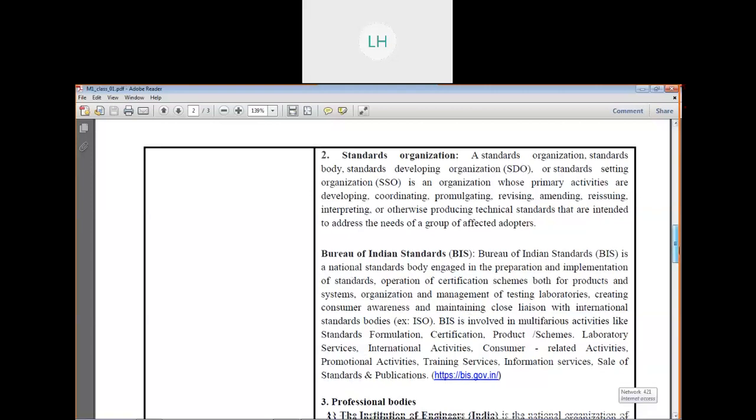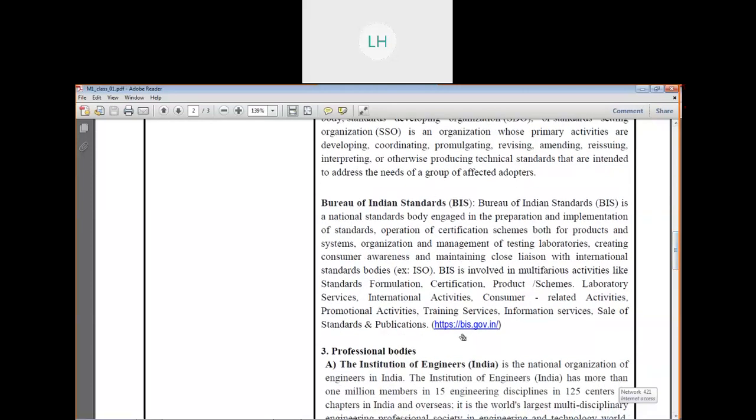For more detail, you can go to its website, which will take you to the homepage of the Bureau of Indian Standards. You will get the background of BIS, its objectives, everything.